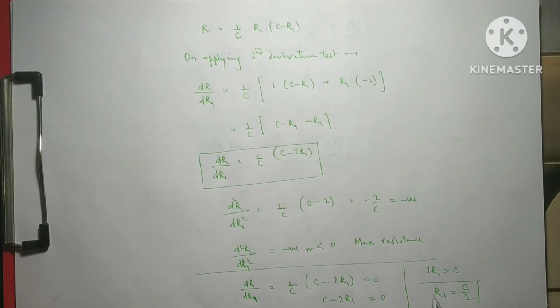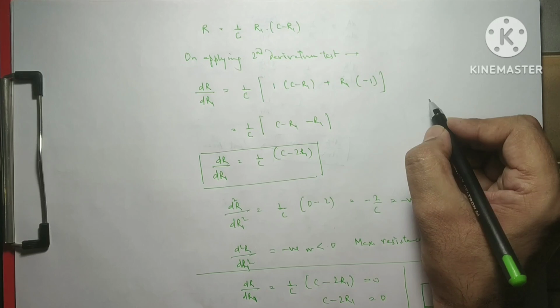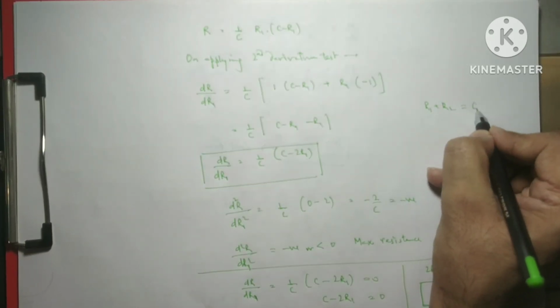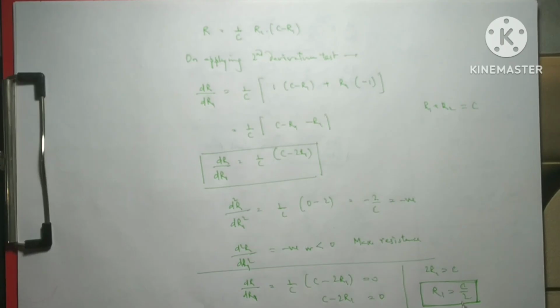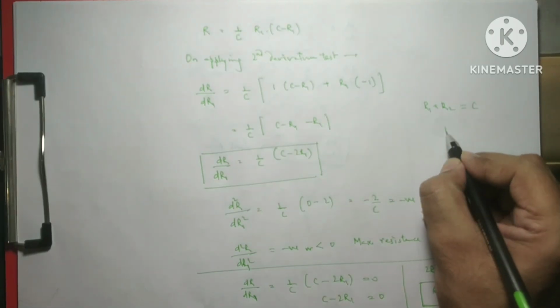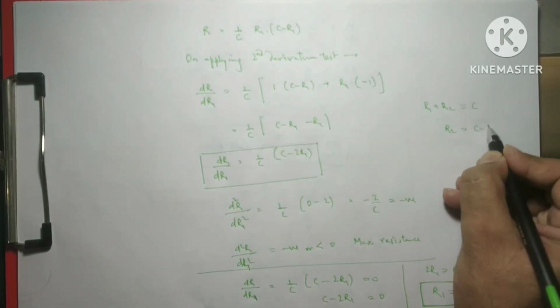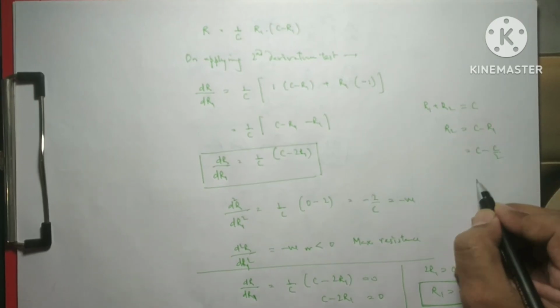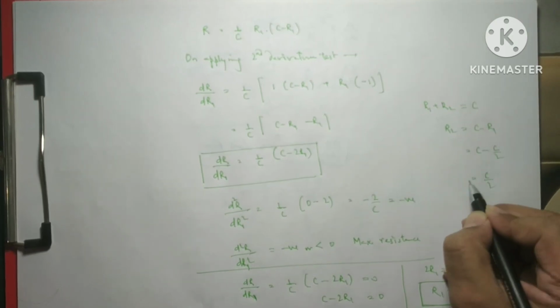So this is the value of the first resistance, and because we know R1 plus R2 equals C, and the value of R1 is C by 2, R2 is C minus R1, so it is C minus C by 2. Again we get C by 2.